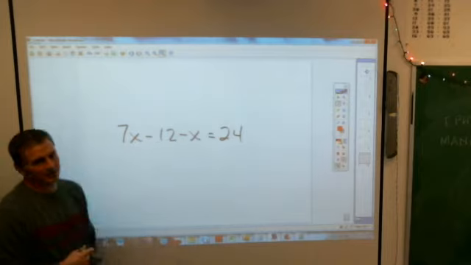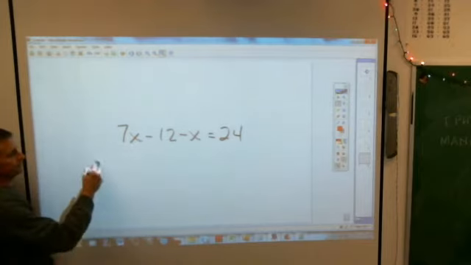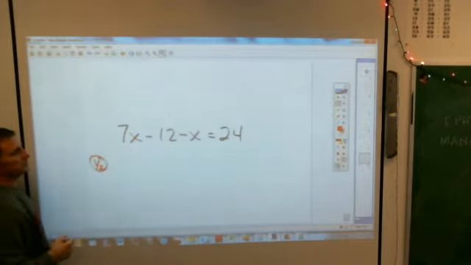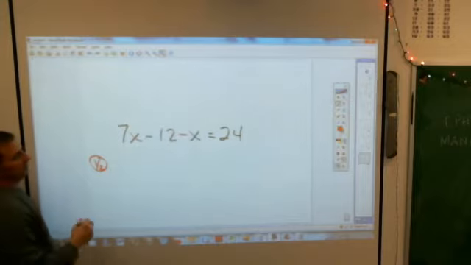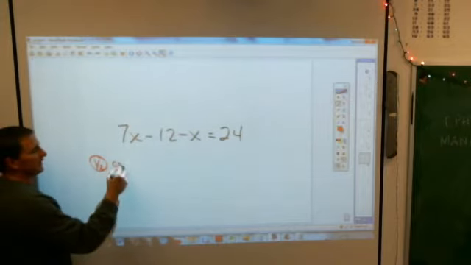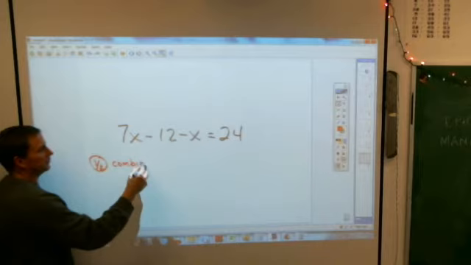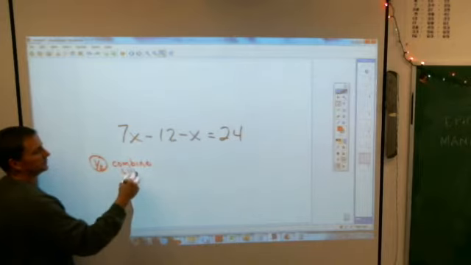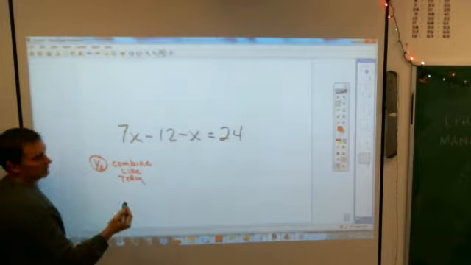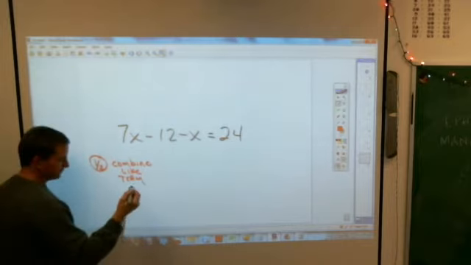Which means we have to add step number one half. Because before you do adding, subtracting, multiplying, and dividing, you need to see if you can combine like terms. So hopefully you have your like-term head on.